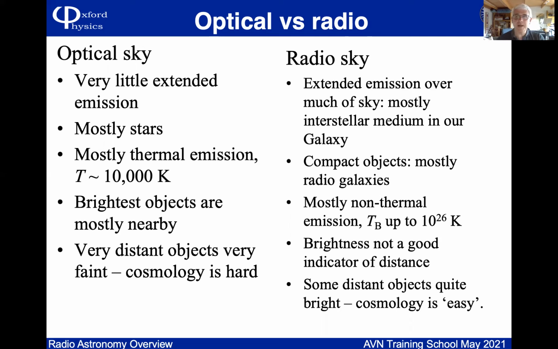But radio objects can be exceedingly bright, which is why they can be seen right across the universe. And in some senses, cosmology is easy in the radio because some of the brightest objects in the sky are actually most of the way across the universe.